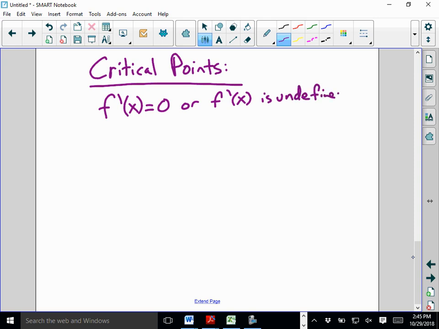Okay. But critical points are going to end up always being one of 3 different things. Okay? Let's think about slopes of 0 real quick. Let me just show you on a graph here.